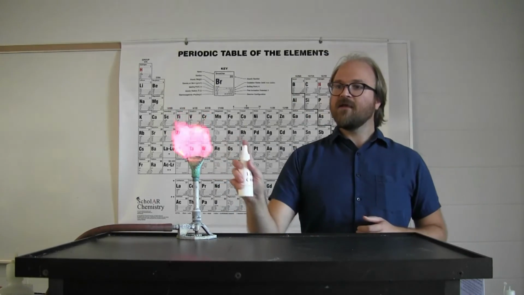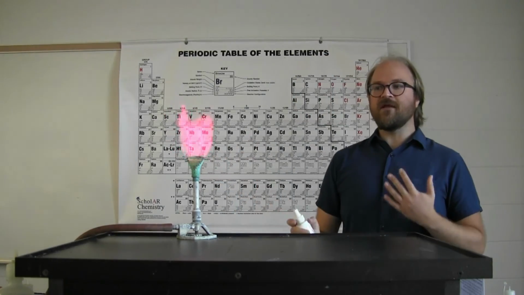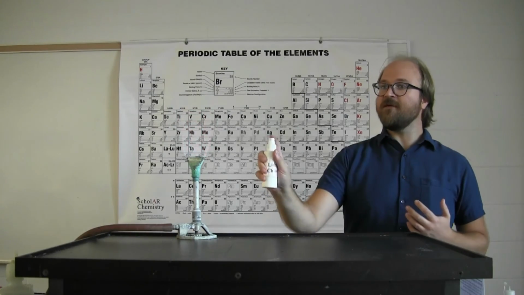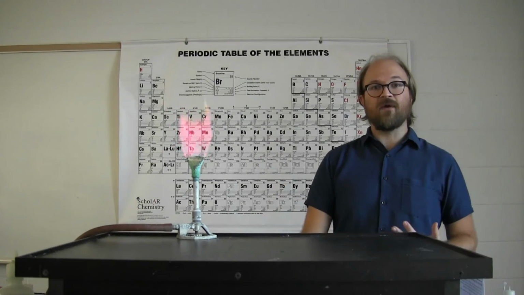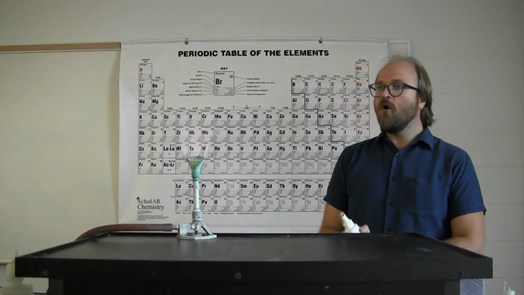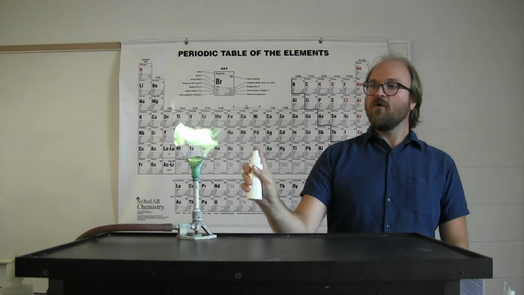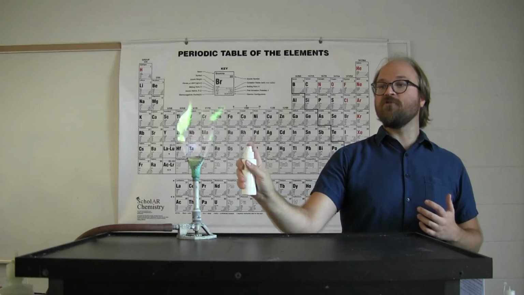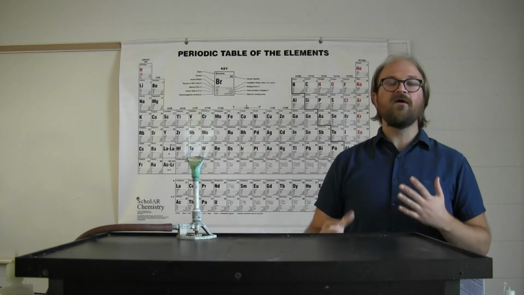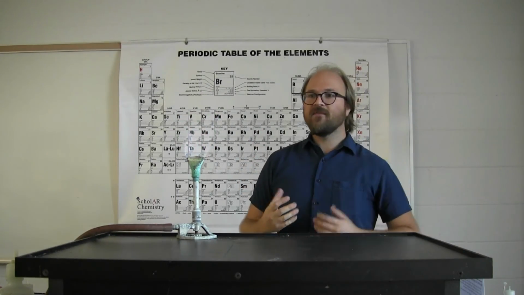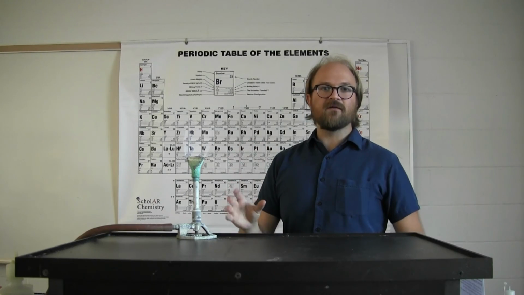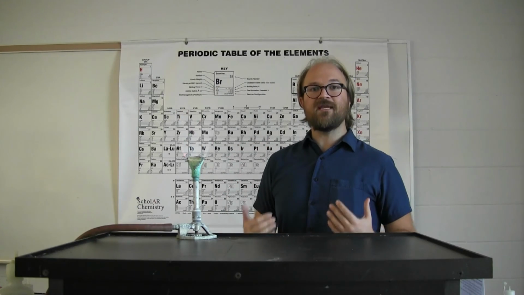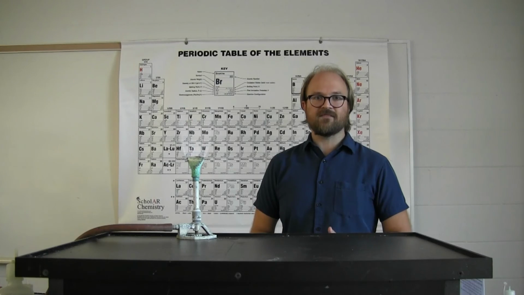Other elements can give other intense colors, such as lithium with a bright red flame, or copper with a bluish green or almost teal flame color. These individual flame colors are specific and unique to the different elements.